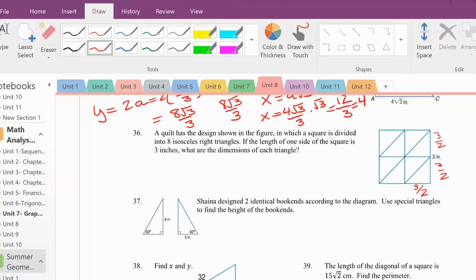And then the hypotenuse would be 3 rad 2 over 2. So the dimensions of each triangle are 3 halves, 3 halves, and 3 rad 2 over 2.